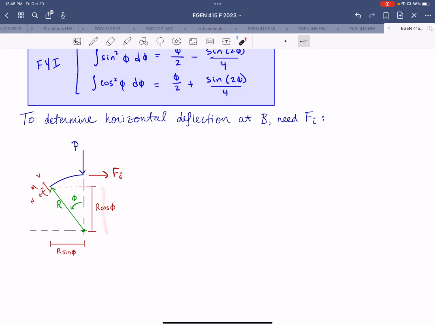Here's the moment arm for the horizontal load. Or sorry, actually the moment arm, since we're taking it about this point, is going to be this distance here, not that r cosine phi. This is your moment arm here, r times 1 minus cosine phi.